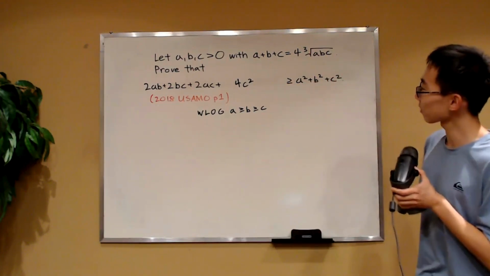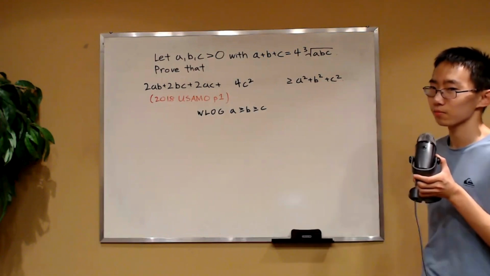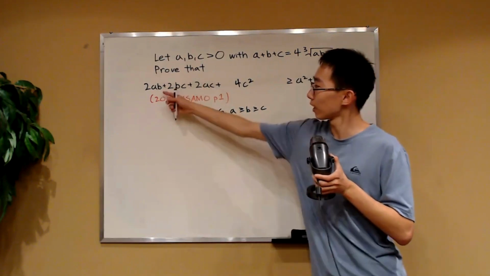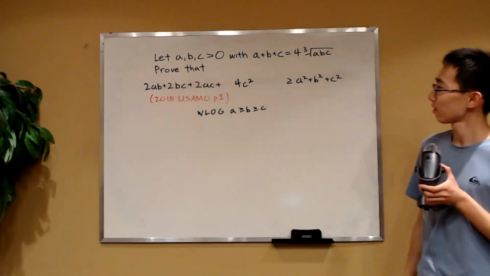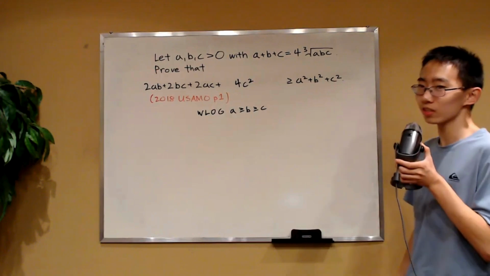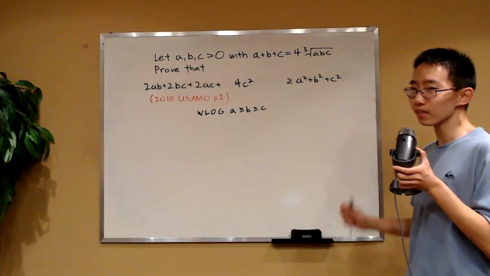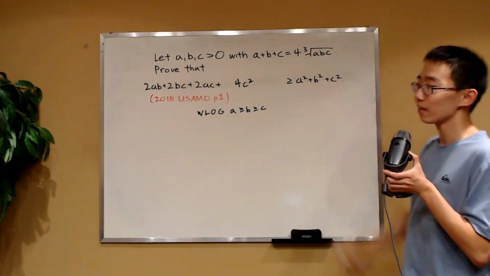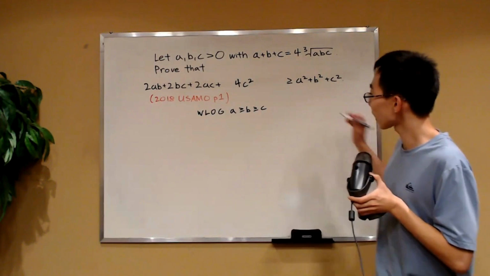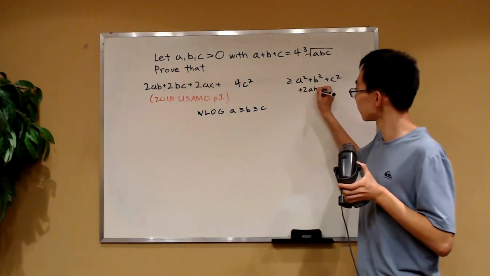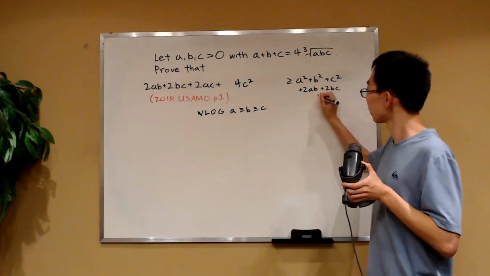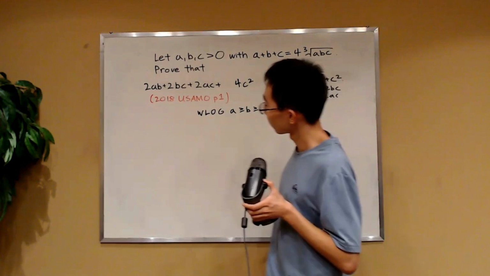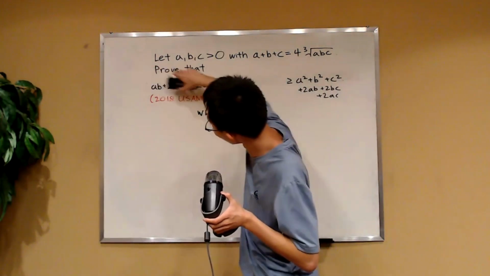Well, notice that we have the sum of squares, and over here, we have a cyclic sum of a, b, and c, right? Whenever you see that, it's probably a good idea to consider completing the square on this side. Notice that if you were to add 2ab plus 2bc plus 2ac on both sides, we change the coefficients over here to 4, right?